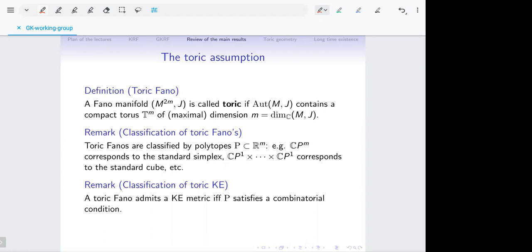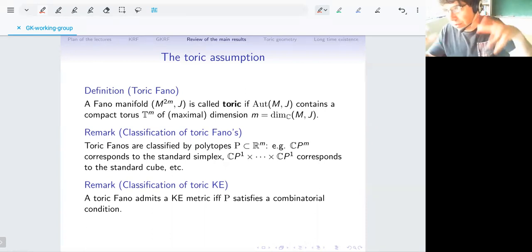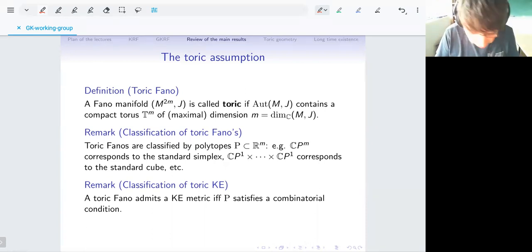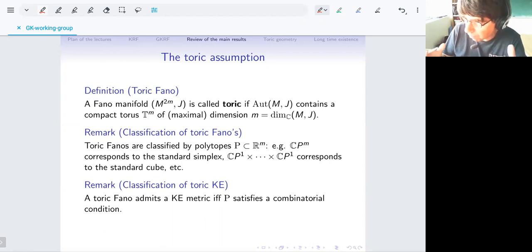That's the highest allowed by a general observation: you cannot have a torus bigger than this dimension. There are many ways to see this, but essentially this is a maximal rank. So these are Fano manifolds whose automorphism group has the maximal rank possible.